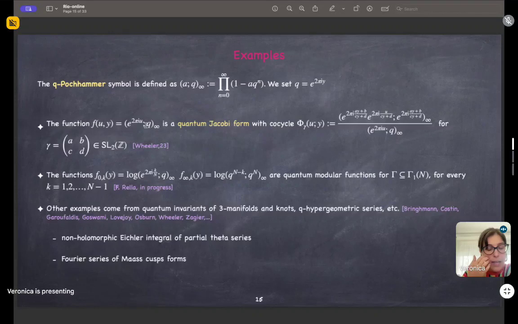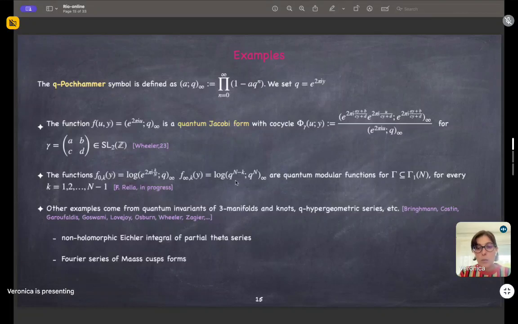But in fact, a slightly less general example is given by the following function. If you consider, instead of this q-Pochhammer symbol, now you fix u to be a root of unity, like here, or you can also consider this other Pochhammer symbol.